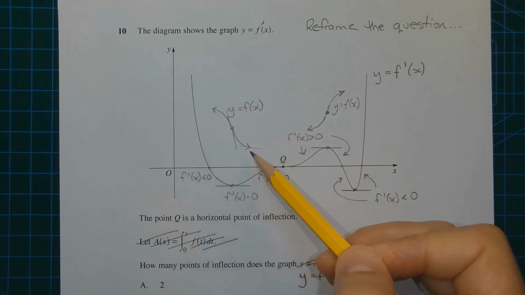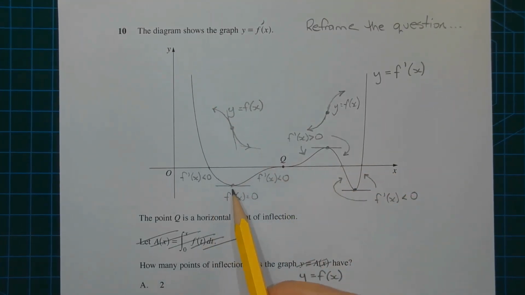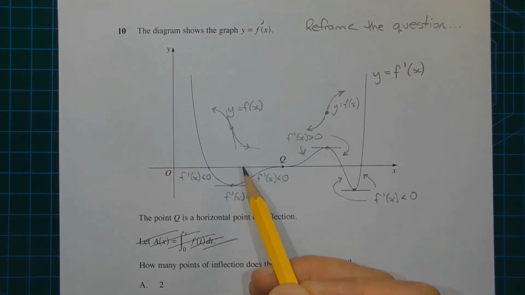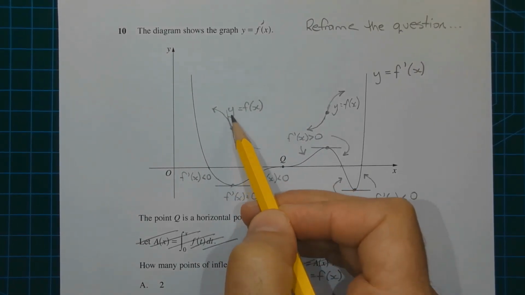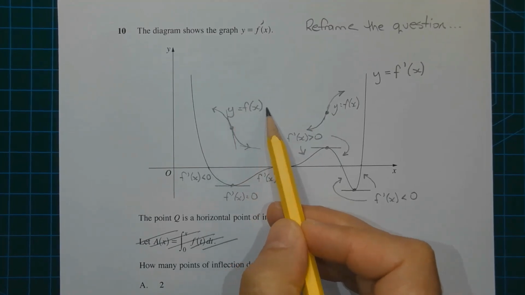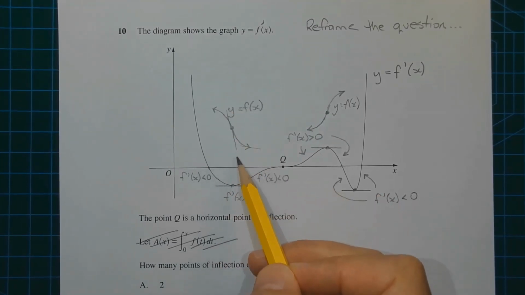I've sketched a part of y equals f of x here, which corresponds to this stationary point here on the curve y equals f dash of x. Now the y value is negative, which means the gradient of the tangent at the corresponding x value on y equals f of x is negative. In fact, it's most negative here.